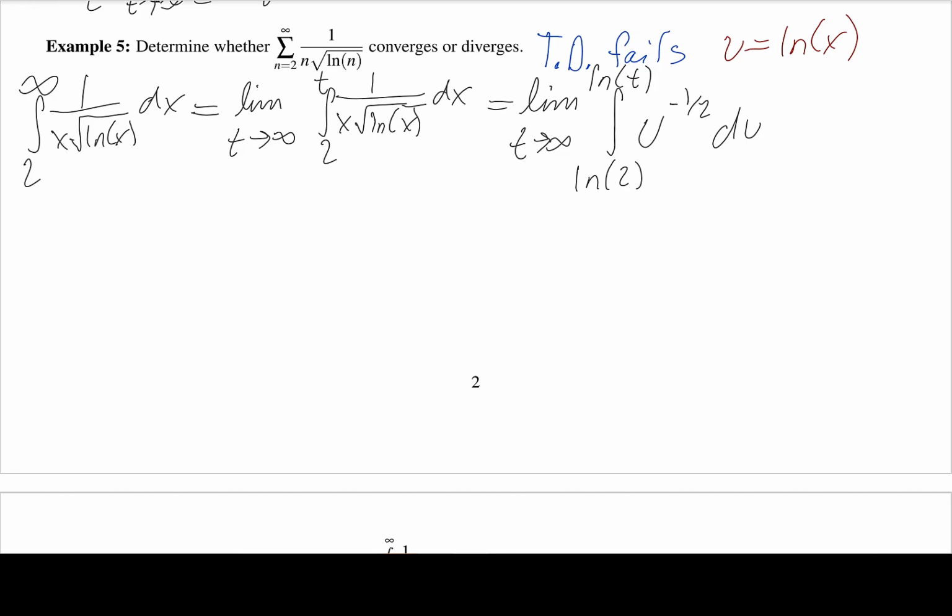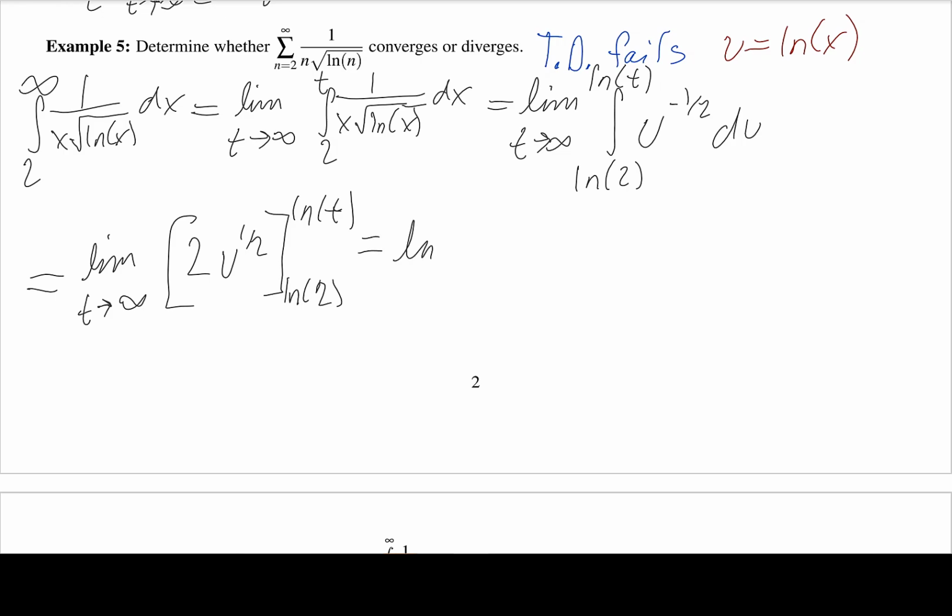Okay, so then this will become the limit as t goes to infinity of, let's see, we should have 2u to the 1/2 evaluated from ln of 2 to ln of t.